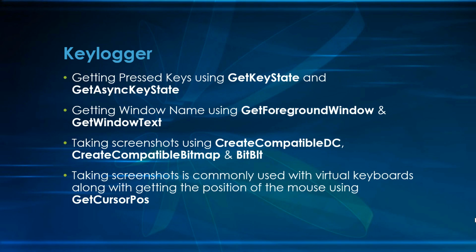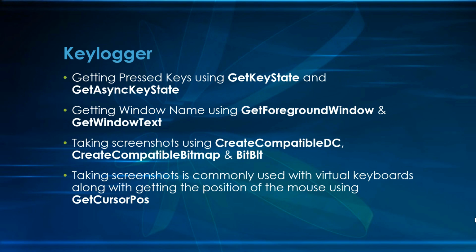Keyloggers mostly use some Windows APIs that get the keystrokes, which are GetKeyState and GetAsyncKeyState. They get the window name by using GetForegroundWindow and GetWindowText. Some of them take screenshots, and screenshots use painting-type commands, something like CreateCompatibleDC, CreateCompatibleBitmap, which deal with pictures, and BitBlt.